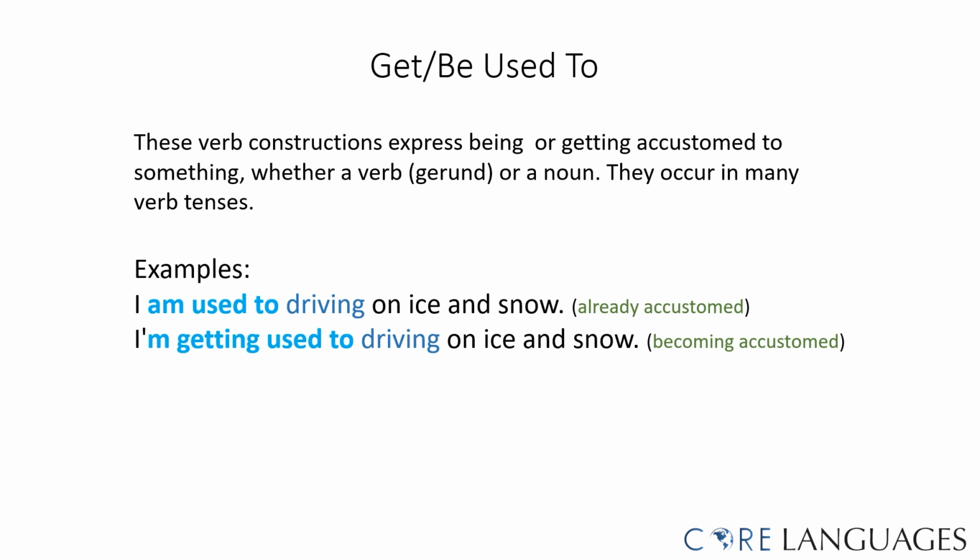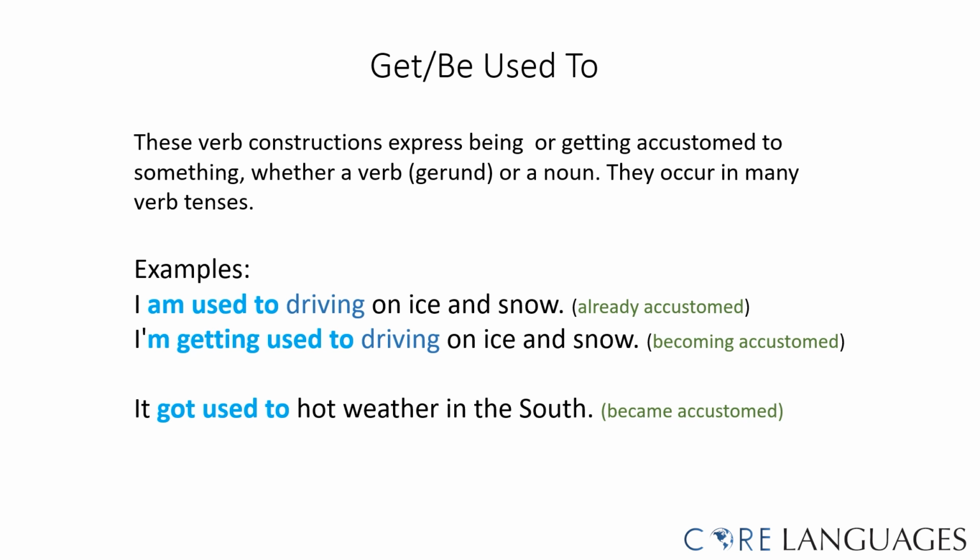I'm getting used to driving on ice and snow. This sentence expresses that I am becoming accustomed, or I'm learning to drive on ice and snow. I got used to hot weather in the South.